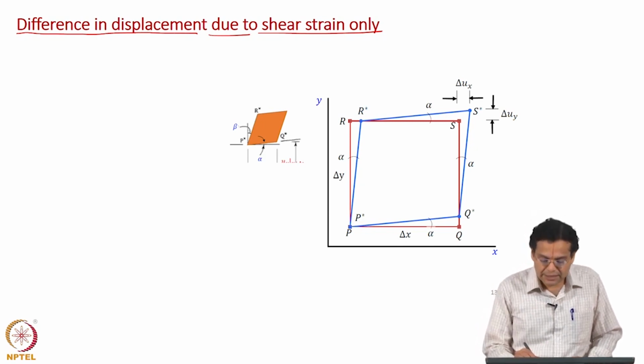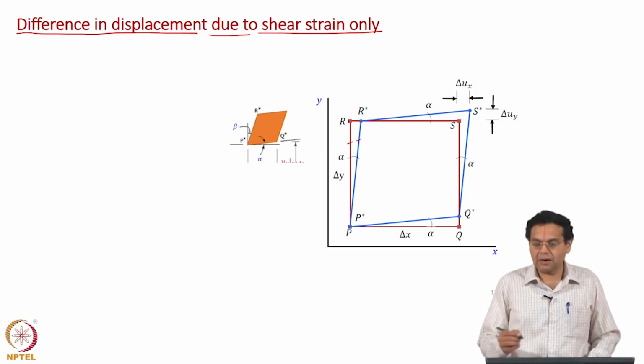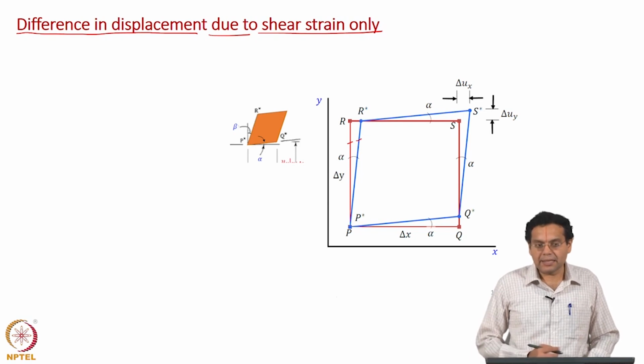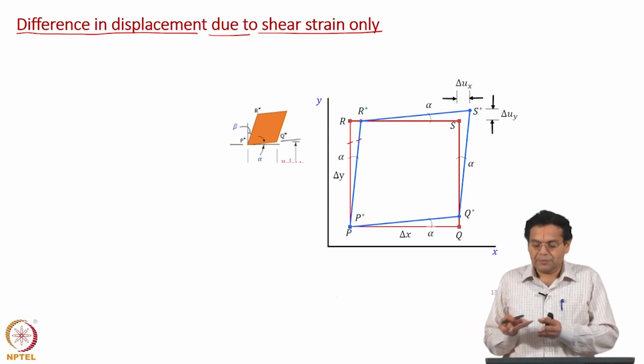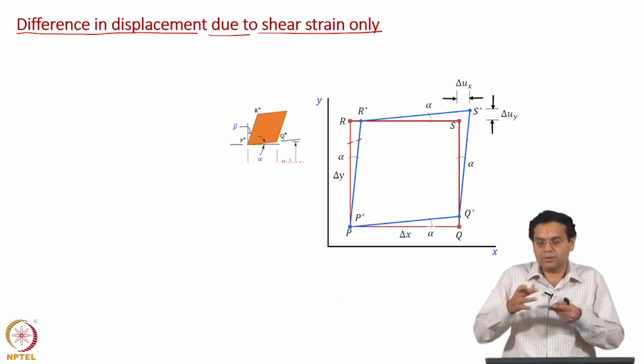So, there is no change in length, PR is equal to P star R star in terms of length, similarly all other sides also, and also there is no rotation. Look at the diagonal PS and diagonal P star S star, there is no change. So, only the change in angle has happened, no normal strain, no rotation.